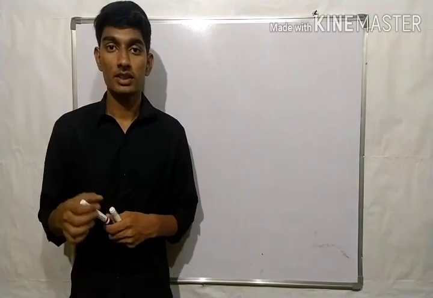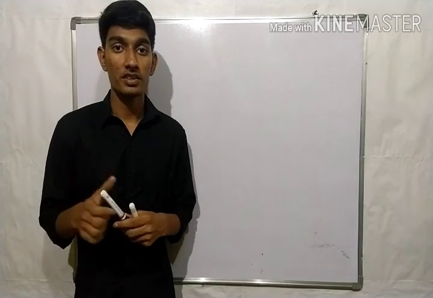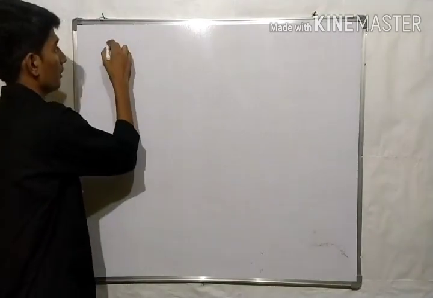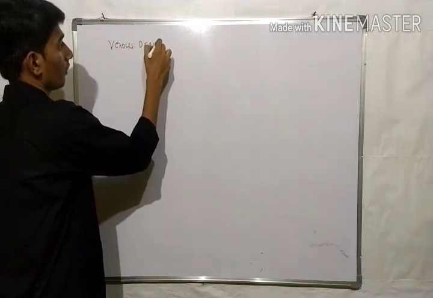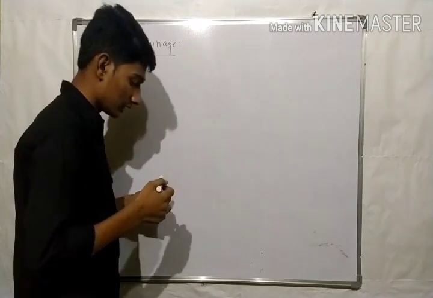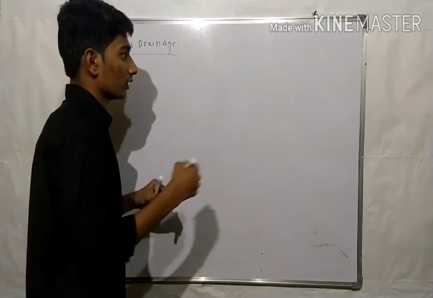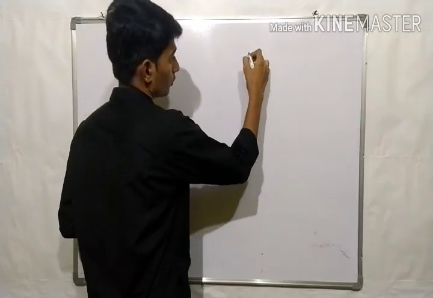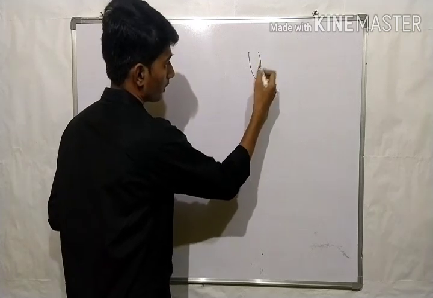Now we will discuss the last topic in the anatomy of scalp, that is venous drainage of the scalp. I will draw a rough diagram here. This is supratrochlear and supraorbital.